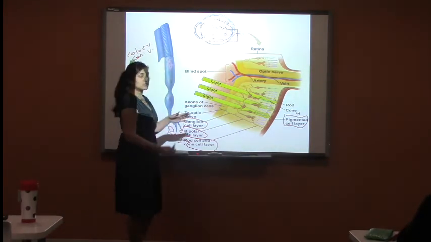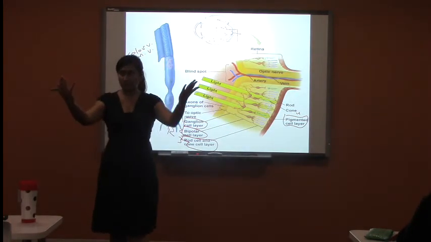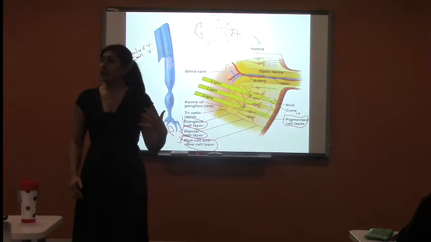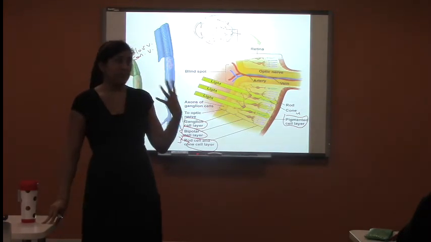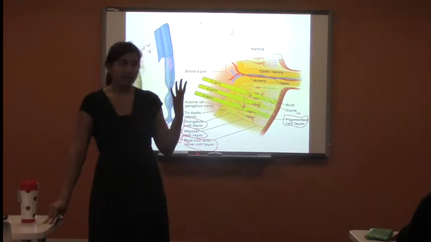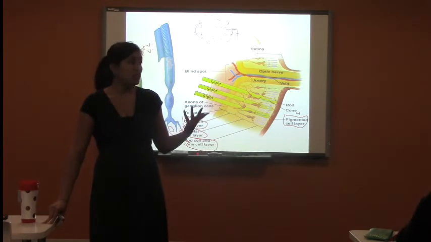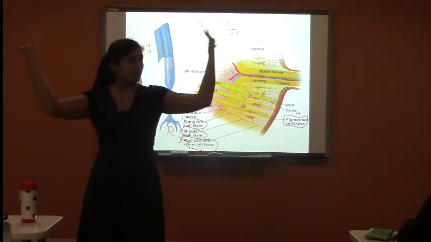Rod is responsible for night vision and peripheral vision. So at night, it's not your cones that pick up information or help you see, it's your rods. This is why at nighttime you tend to see more black and white. It's not color. Rods pick up night vision and what else? Peripheral. So not center, more peripheral.